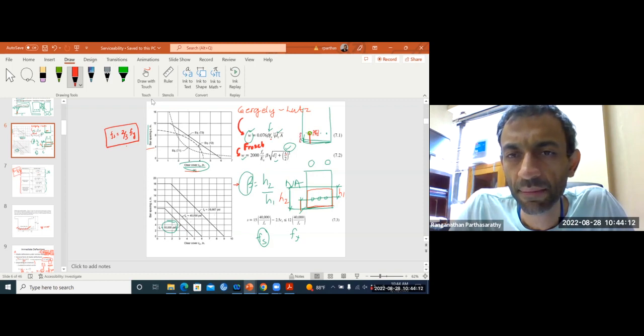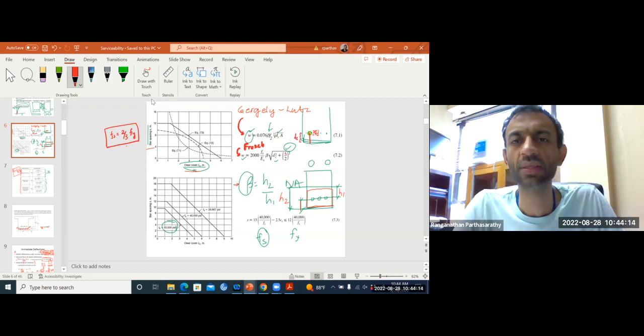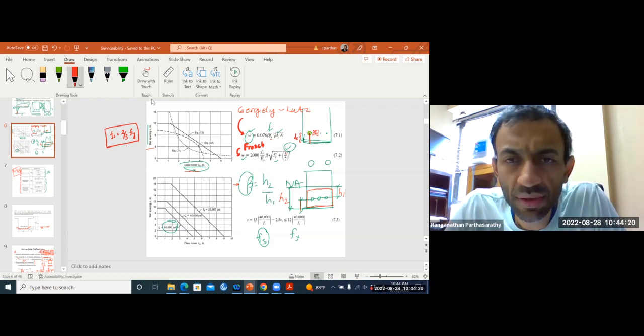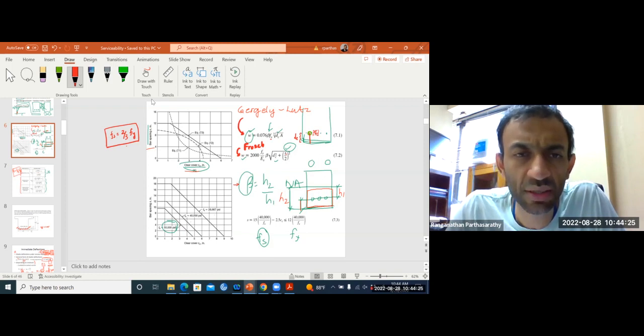So that is dc. This is for Gergely and Lutz, and in Frosch, s is the spacing of the rebars.